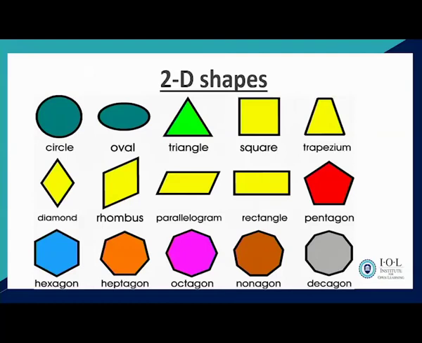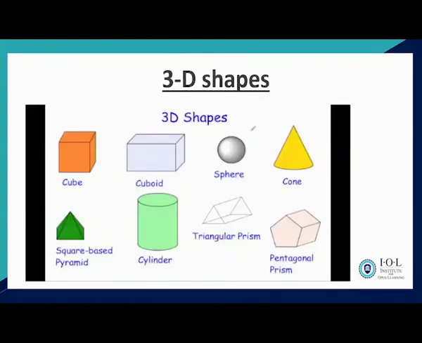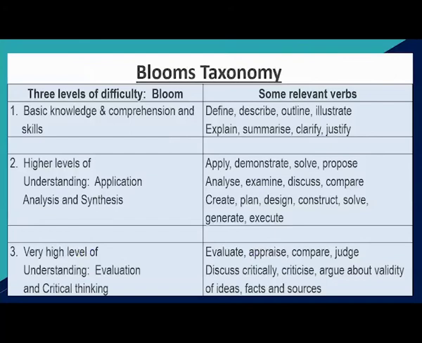Right? When it comes to 2D shapes, you have to know the shapes, how to draw them, and you also have to know their properties. Please, it goes for 3D shapes as well. Know your shapes and know each one's properties.